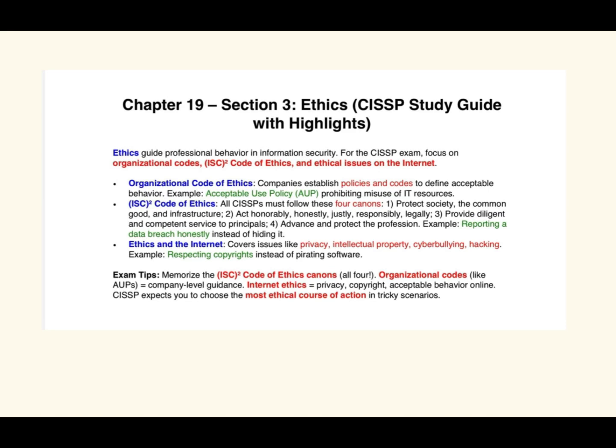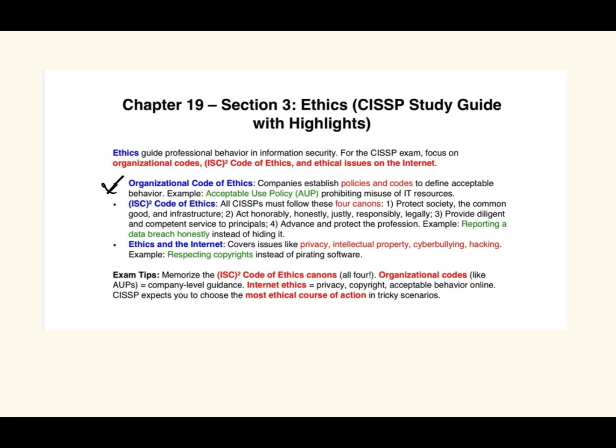The typical example is the acceptable use policy, right? It defines acceptable use of IT resources. The IT resources, the hardware, it could be anything. When it is assigned to the employee, they sign the AUP, acceptable use policy.